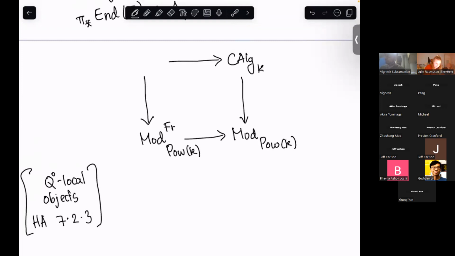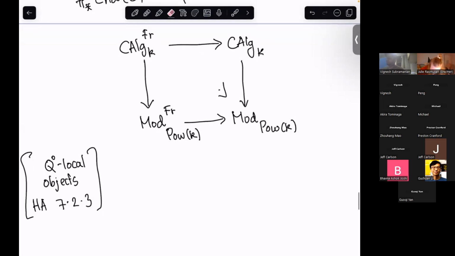And you can form a pullback. Commutative algebras with Frobenius on the top, FR, is the full subcategory of all perfect K-algebras with the definition that I gave above. What is the use of defining the category like this?